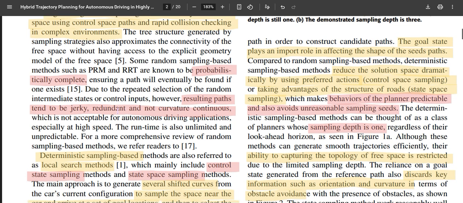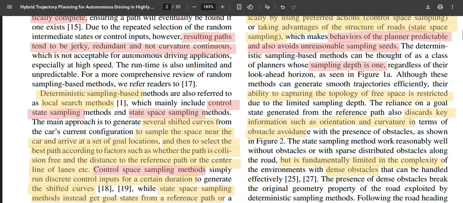In both of these, what they do is set up pre-goal locations, and according to certain factors, they generate multiple paths or multiple arcs which are collision free, and the objective is to assign a cost function to each path, and choose the path which has a minimal cost based on the collision and the distance to the reference path.